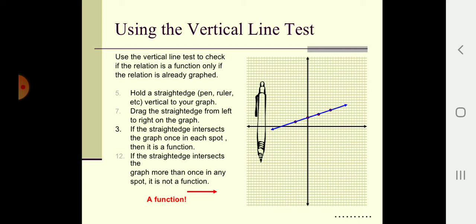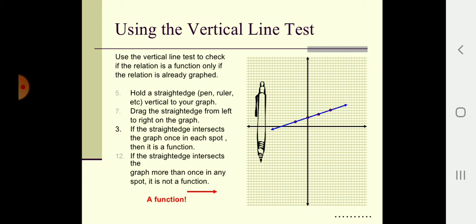So number one, hold a straight edge, pen, ruler, etc. vertical to your graph. Number two, drag the straight edge from left to right on the graph.